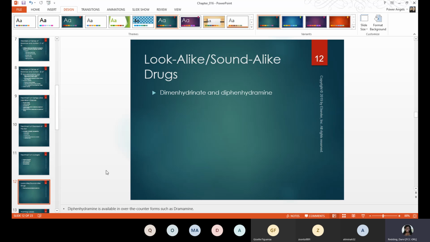So the acronym for sound-alike, look-alike drug is SALAD. That's SALAD. And so an example of an ear medication that can look familiar to another is the diphenhydramine and the dimenhydrinate. Two different medications, two different uses, but they are often confused.